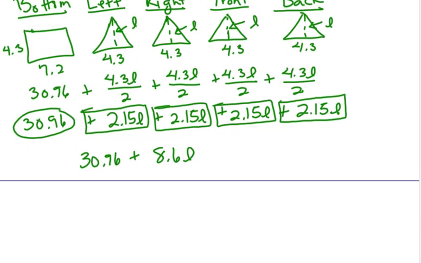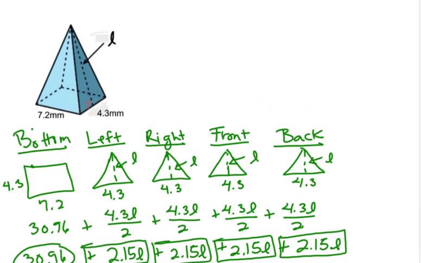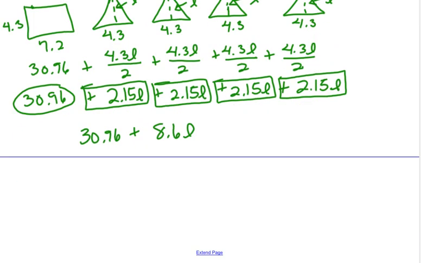So let's make the surface area of this pyramid 374.96. So we need to make this all equal to 374.96.